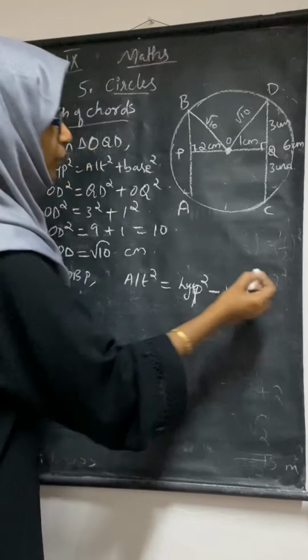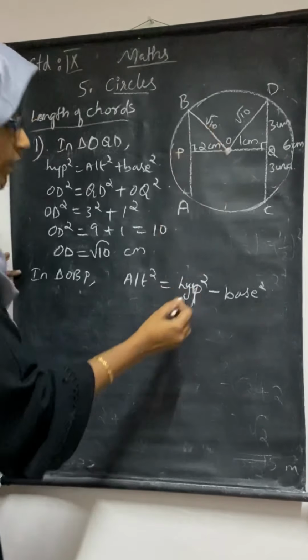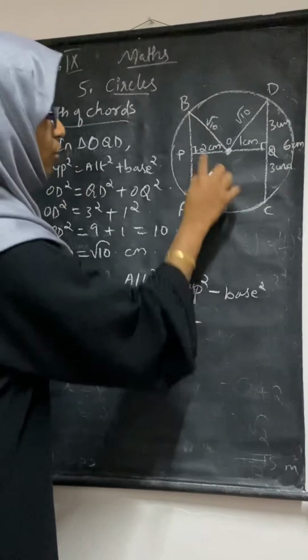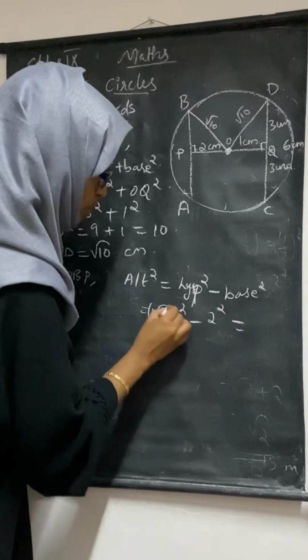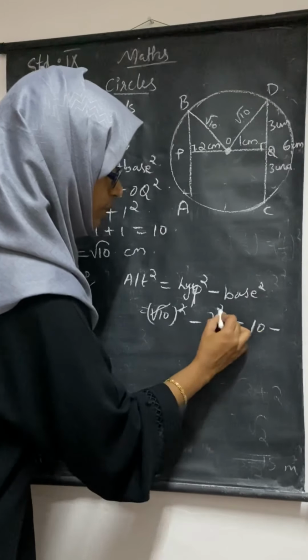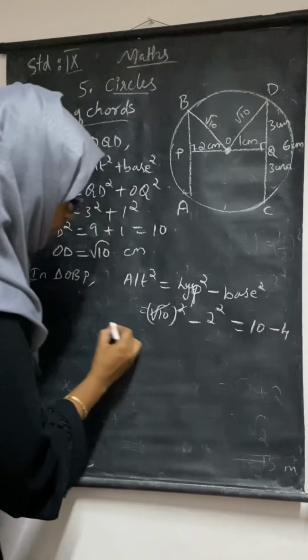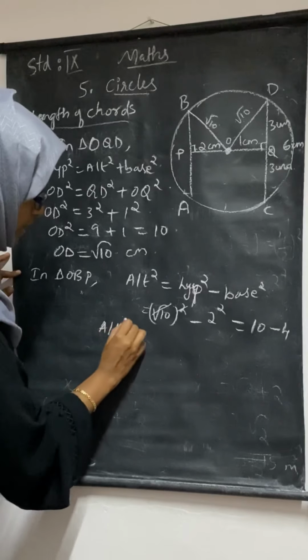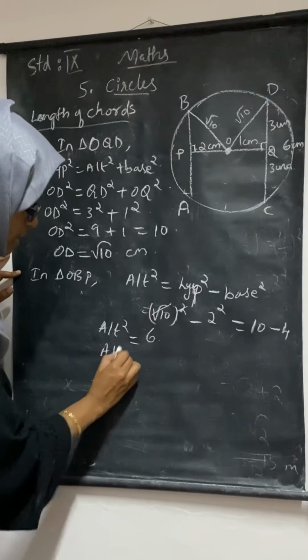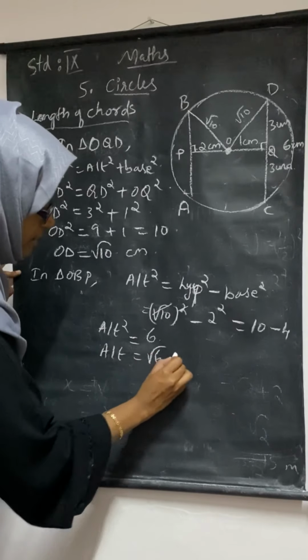Hypotenuse is root 10, so root 10 whole square minus base 2 square. The root and the square cancel. 10 minus 4 is 6, so altitude square is equal to 6. So the altitude is square root 6 centimeter.